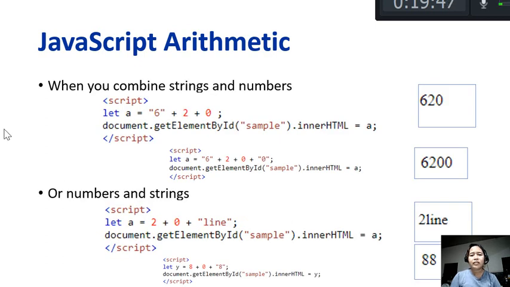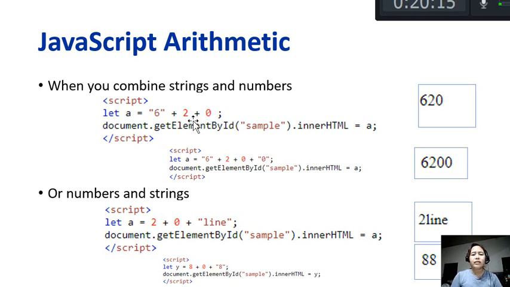When you combine strings and numbers, for instance, you have declared a variable a and assigned it a string, because it is enclosed in double quotes, and then you added 2 and 0. Since you have already started the assignment of this variable with a string, the rest of the values that follow it will also be considered as a string.